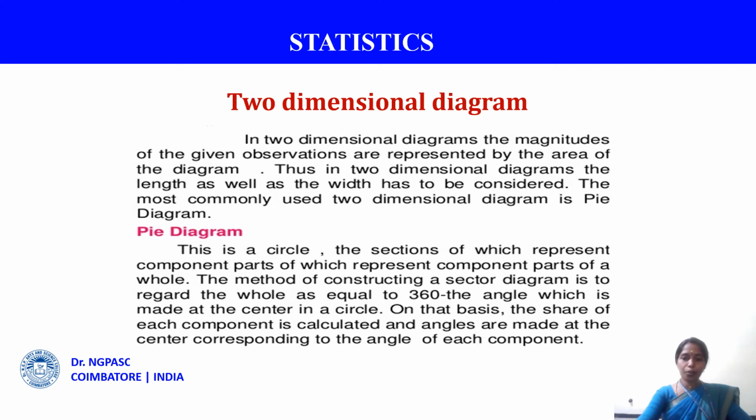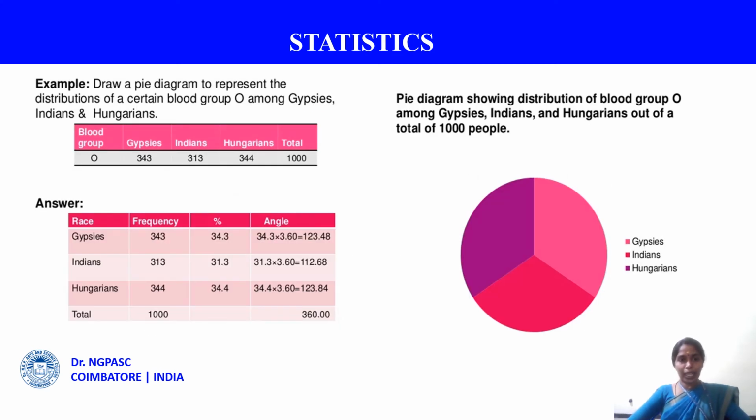So how to solve the problem based on pie diagram is, here the data is given. So now how will you calculate? The calculation required here is, you have to calculate the percentage. Likewise you have to calculate the angle. Okay, so the percentage, that is the frequency divided by 100 into 360 degrees. Right.